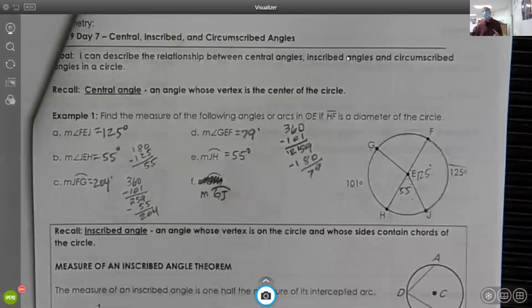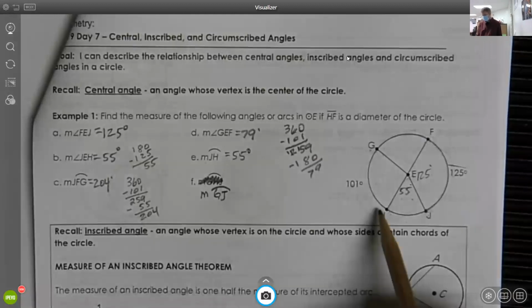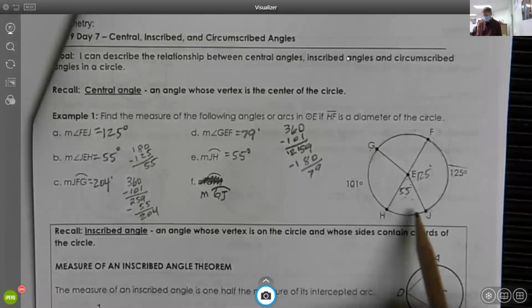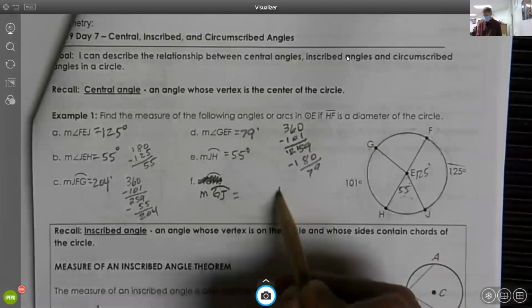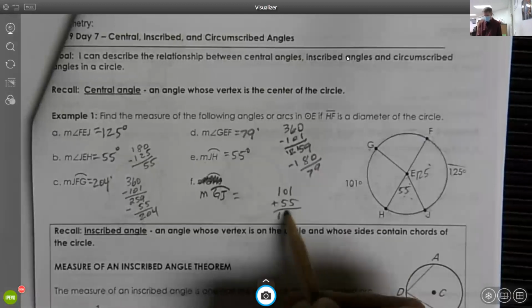We should only have two letters if we're looking at an arc value that is less than 180. So that's 101 plus the 55. So that's 156.